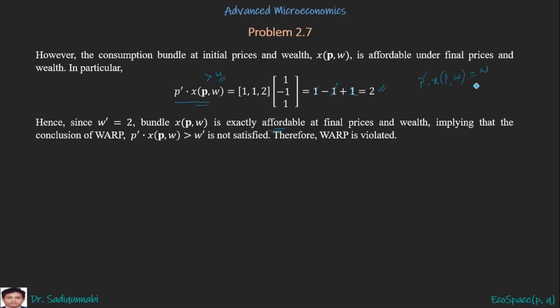If it is less than or equal to W, then it is affordable. So it is affordable at the final price and wealth, implying that the conclusion of WARP is not satisfied, therefore WARP is violated.